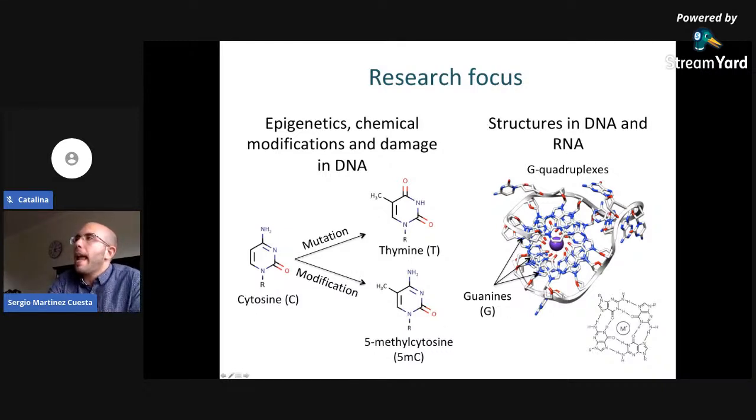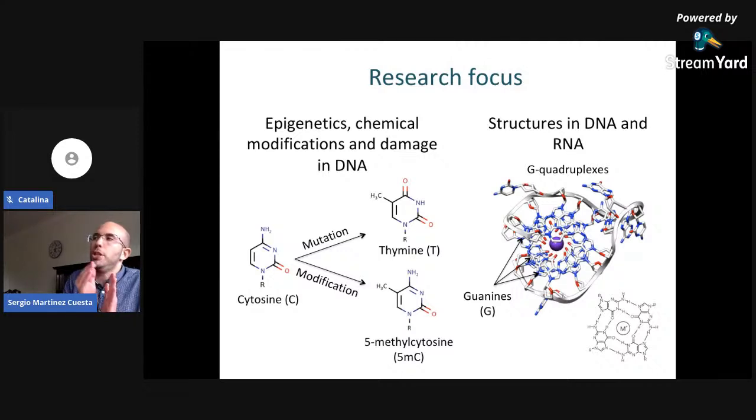So the other part of our lab, we're interested in looking at secondary structures in DNA and RNA. And in particular, we look at a type of secondary structure known as a G quadruplex, where it forms a 3D structure when you have repeats of guanines locally in the genome.